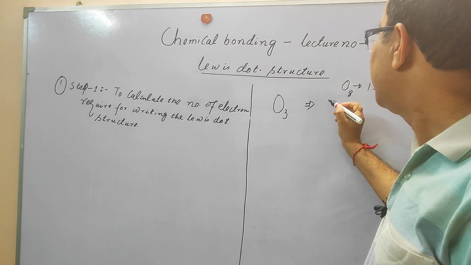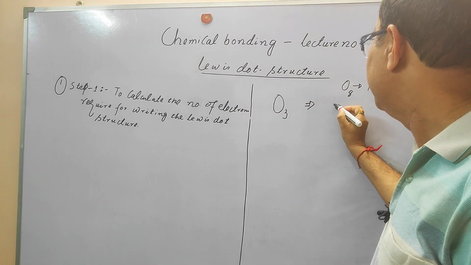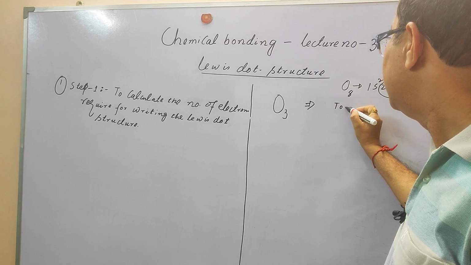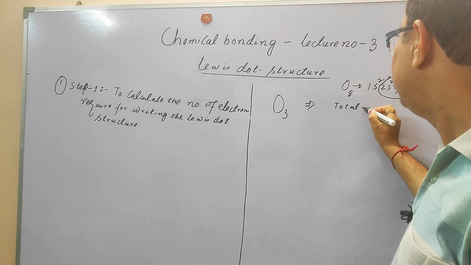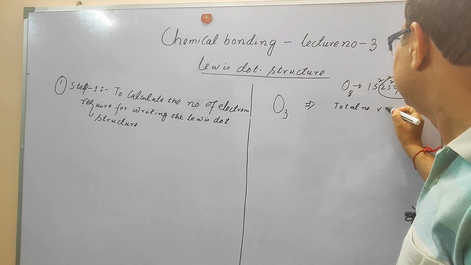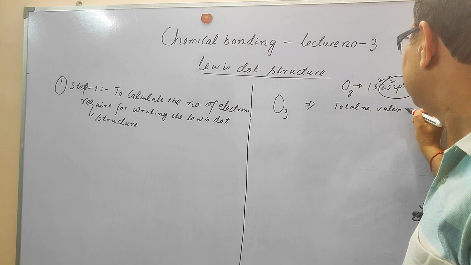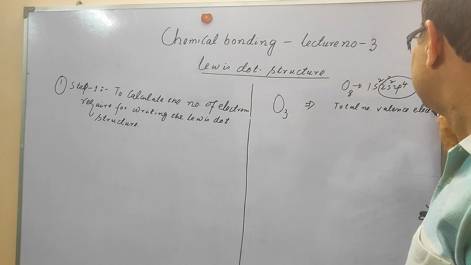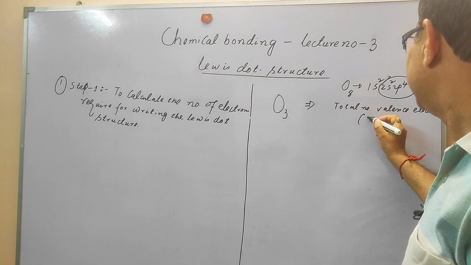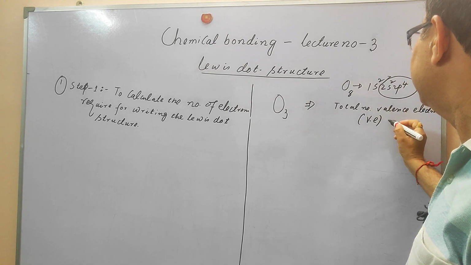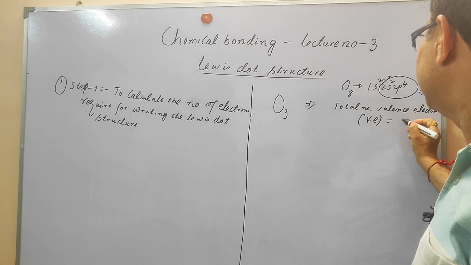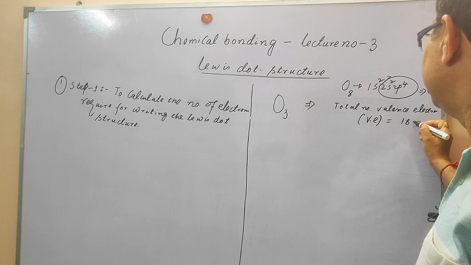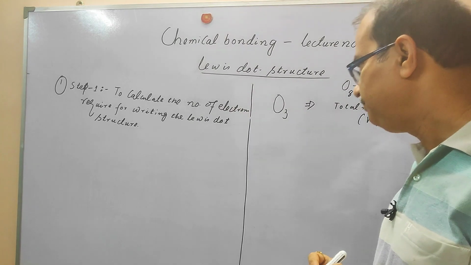So the total number of valence electrons, VE, is 6 into 3, that is 18.